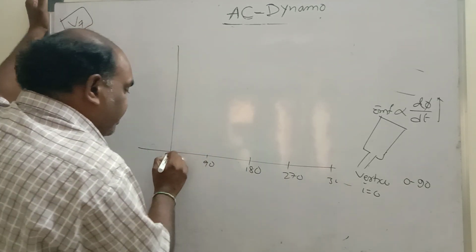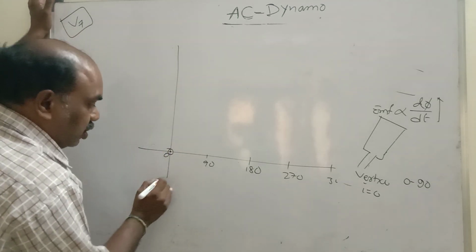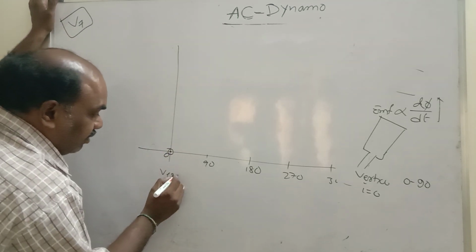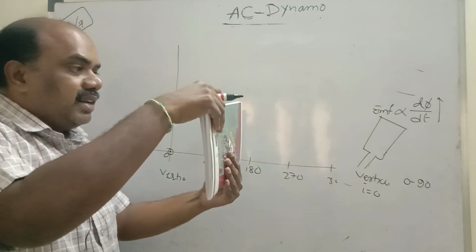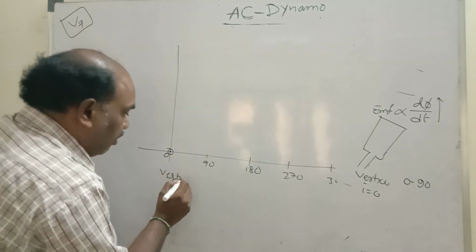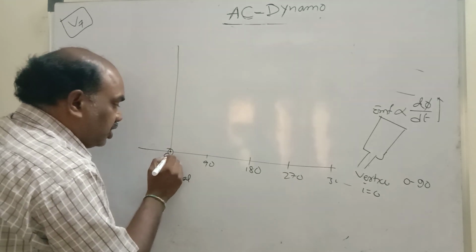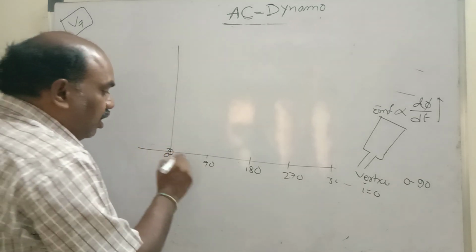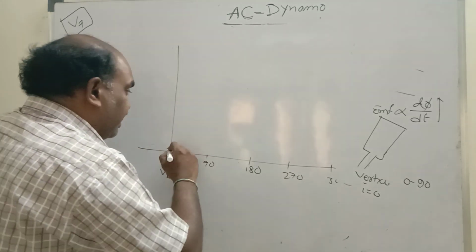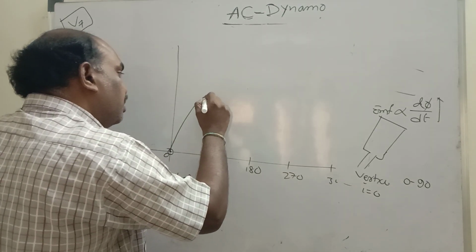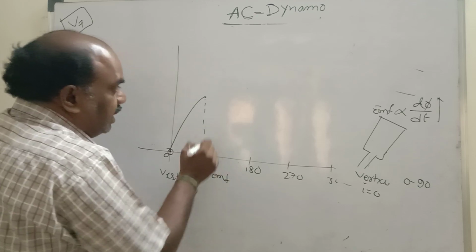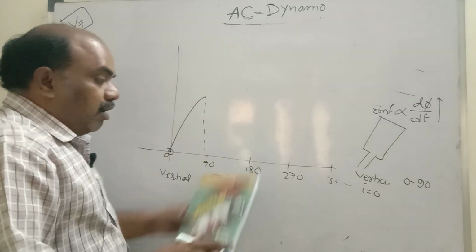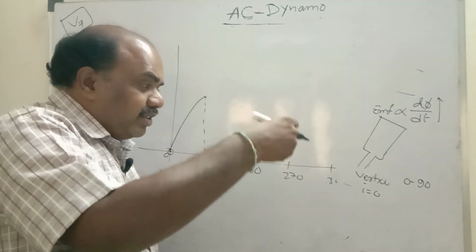At 0, the vertical position, the armature is in vertical mode, no current is induced. The armature is in vertical position, induced EMF is 0. When it moves from 0 to 90 degrees, induced EMF is maximum. Here the induced EMF is maximum. Whenever it comes from 0 to 90, induced EMF is maximum.